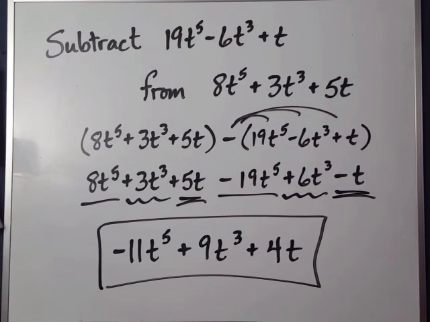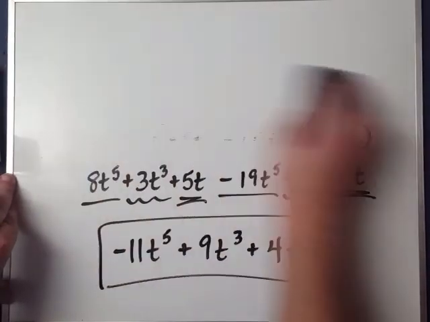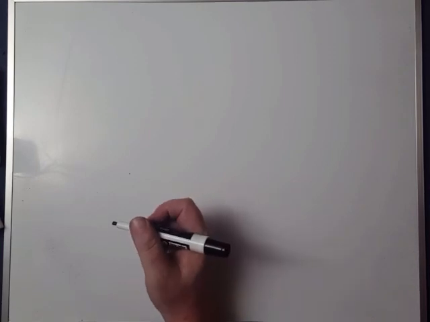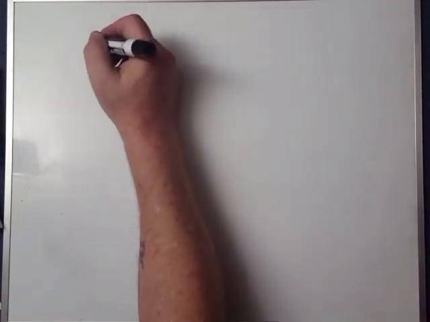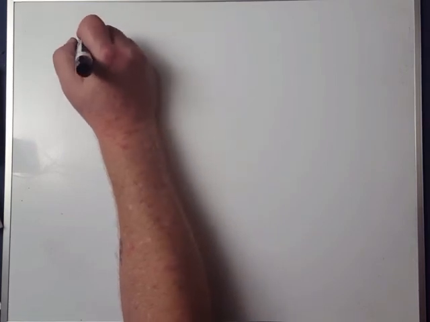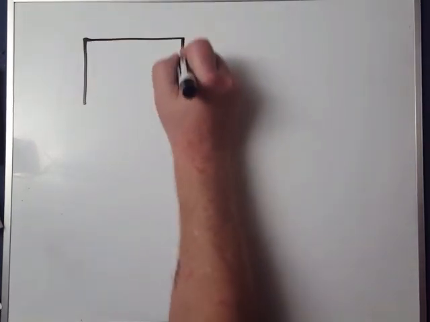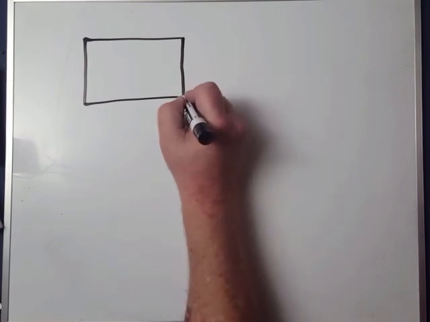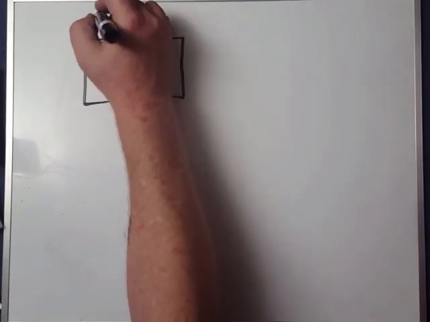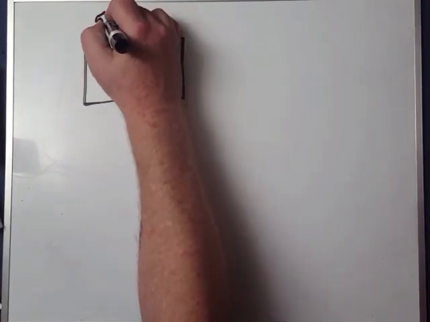We'll finish up with a geometry problem, number 84. In number 84, we're asked to find a polynomial that represents the perimeter of the shape. This is a rectangle, and it is labeled that one of its sides, we'll probably call this the length.